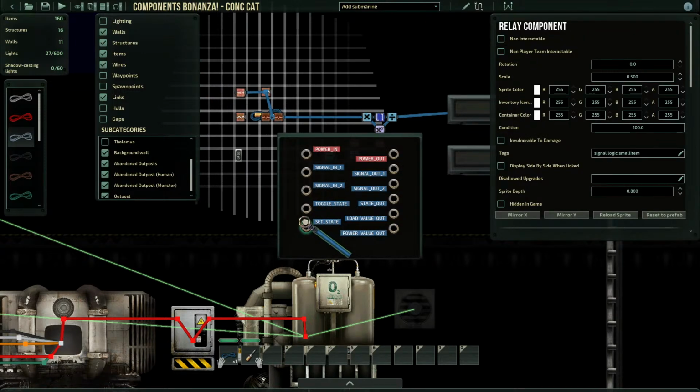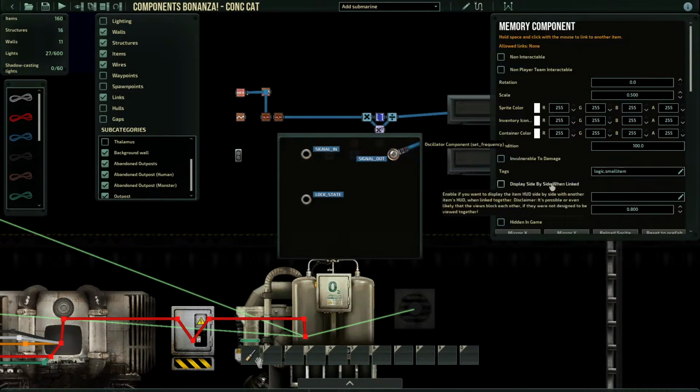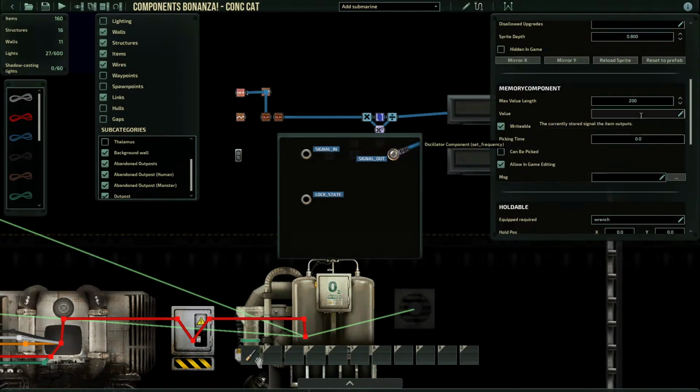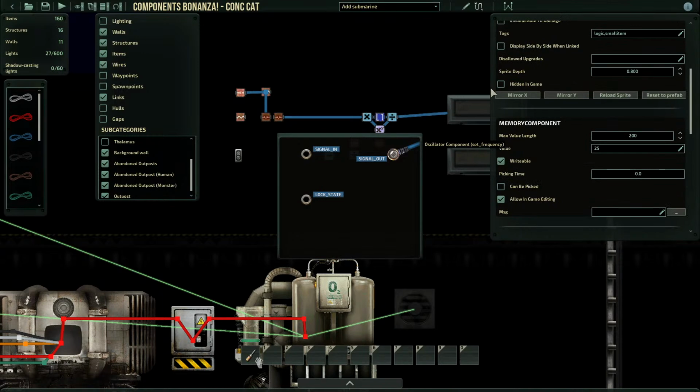If you guys see what I'm doing, we're going to do set state. And we're going to call this, say, 25. Okay, that's this one, 25. Yes, 25.